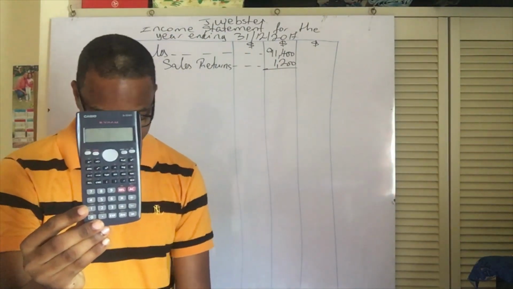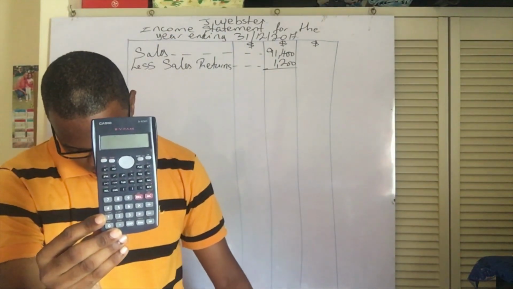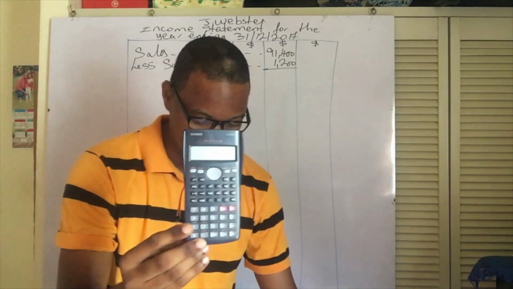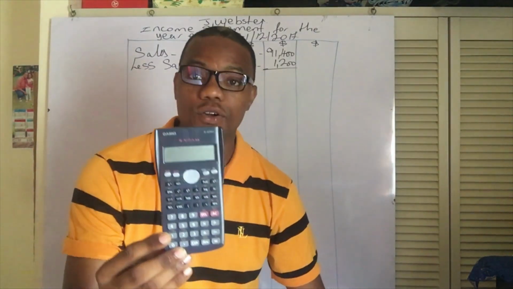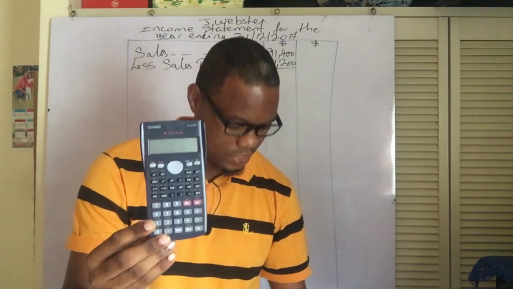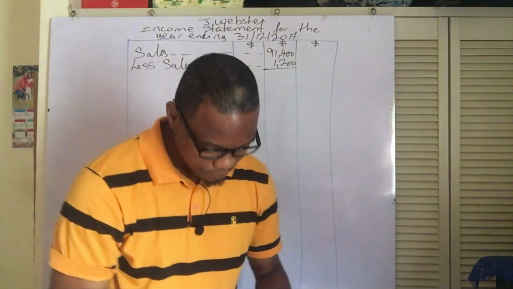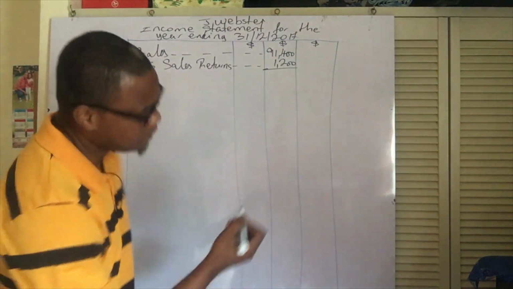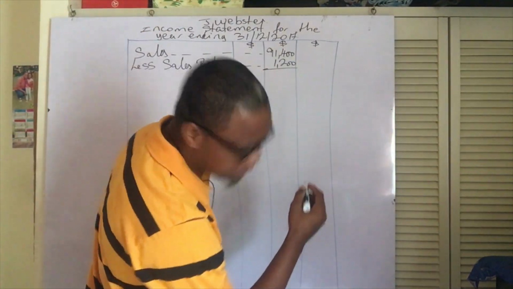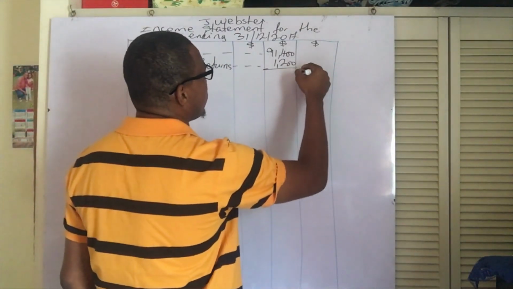Right, you should have your calculators. Ensure that you practice with your calculators. Very important, because if you don't practice with the calculators, then you're going to have challenges in the exam. Right, so you get the calculators out and you calculate that, subtract it, you get 90,200.